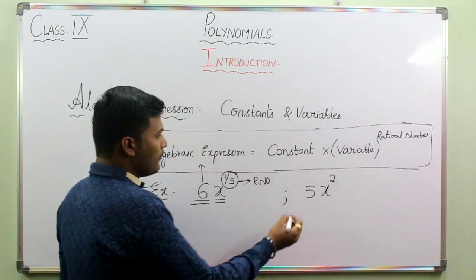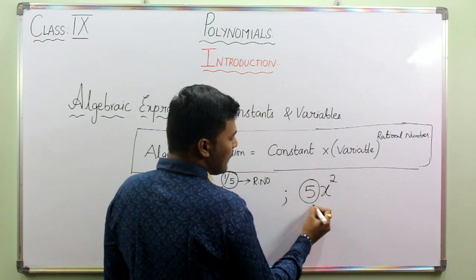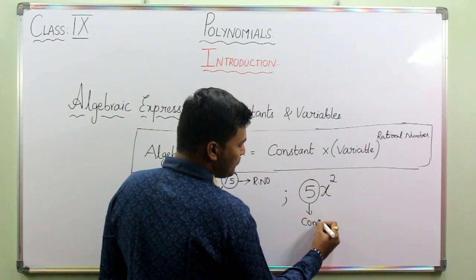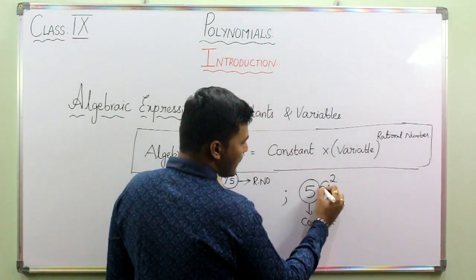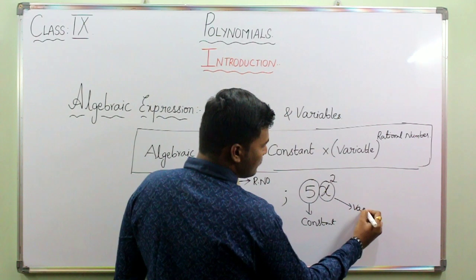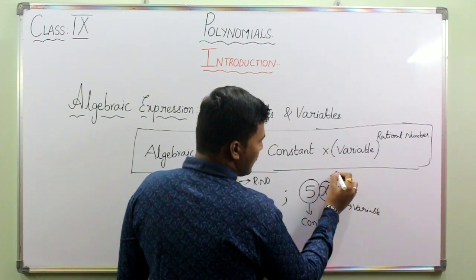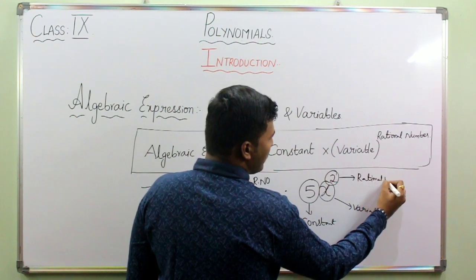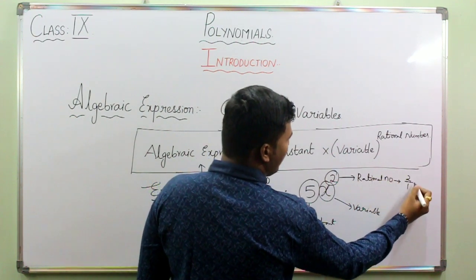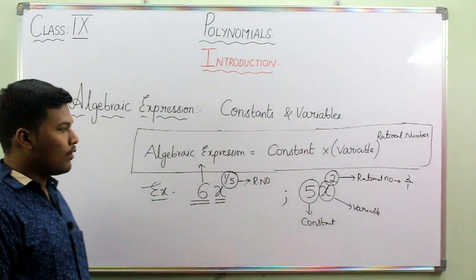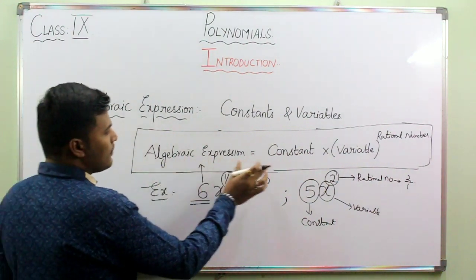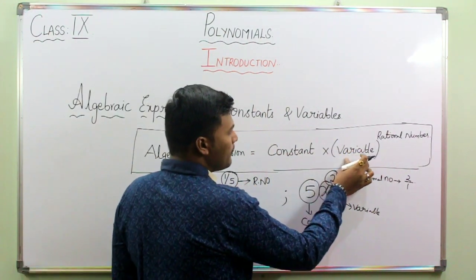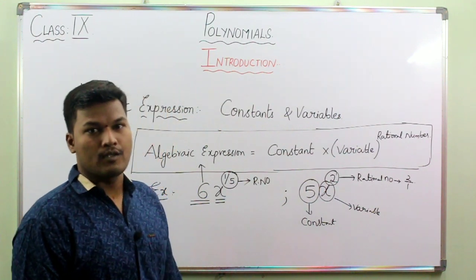Here 5 is a constant, x is a variable, and 2 is a rational number because I can represent 2 as 2 by 1. So an algebraic expression is nothing but a constant into a variable to the power of a rational number.